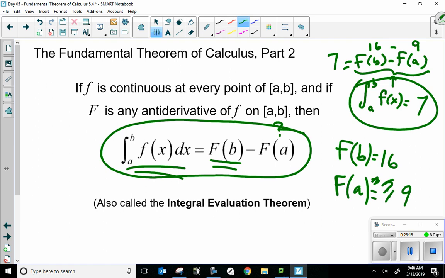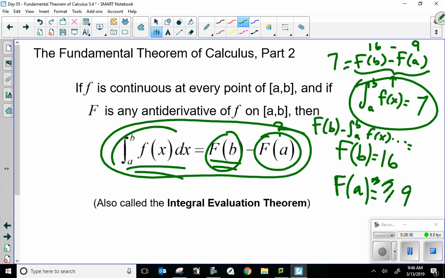Or they might do something like say capital F of b minus the integration from b to a of f of x, and then you have to find F of a. But you have 3 pieces. These 2 should subtract to be this whole integration. And that's what I was trying to point out here.